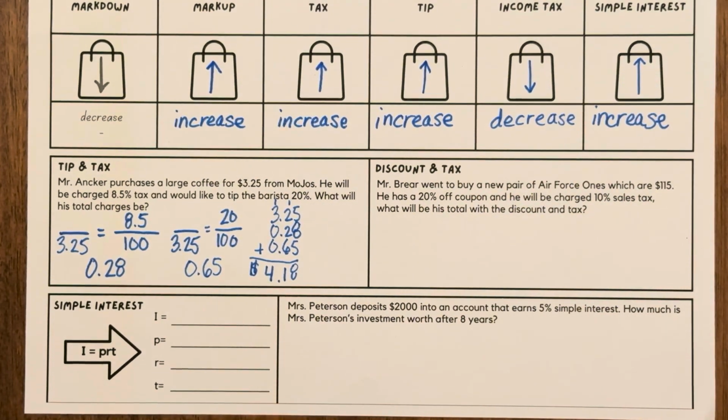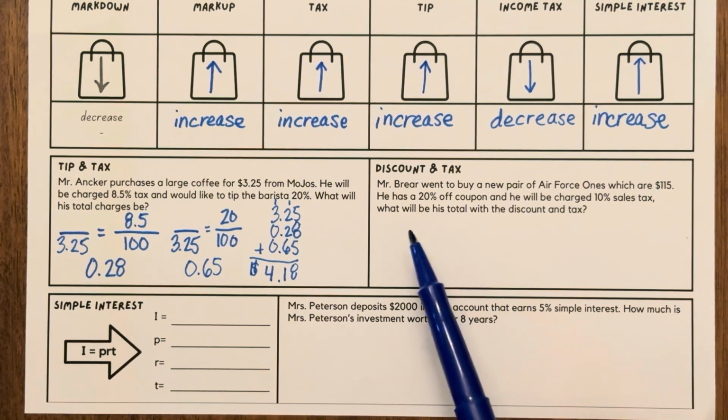All right, next up we have Mr. Breer. Mr. Breer went to buy a pair of new Air Force Ones, which are $115. He has a 20% off coupon and he will be charged 10% sales tax. What will be his total with the discounted tax? Now guys, this is different, okay?